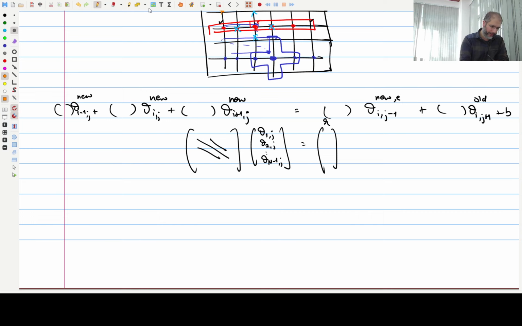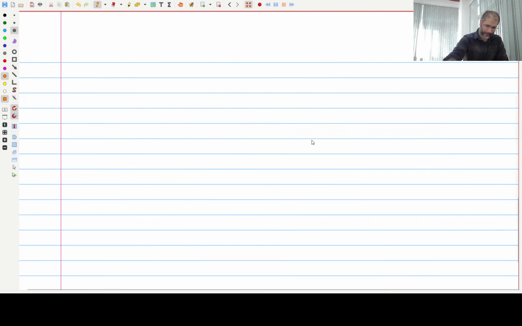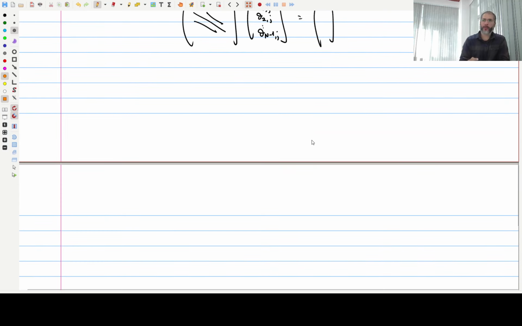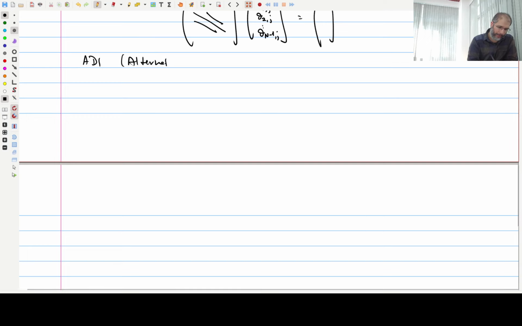Another scheme that we tend to use is called ADI, coming from a similar idea. It's called alternating direction implicit.